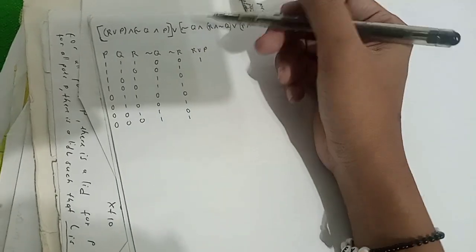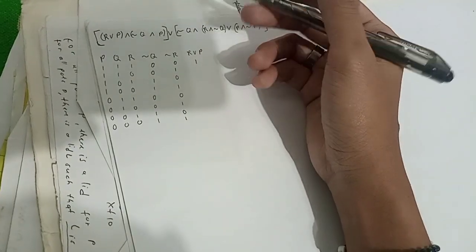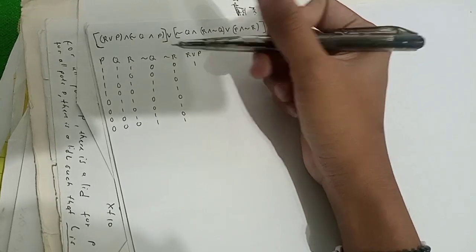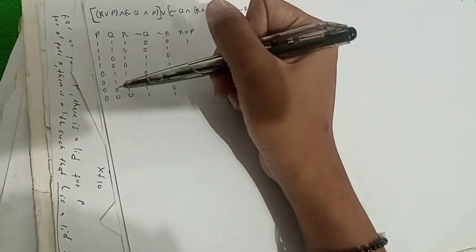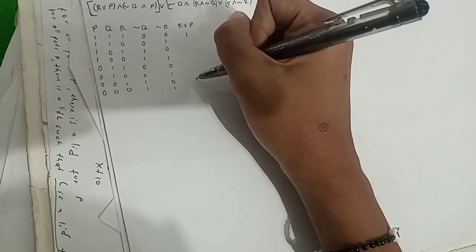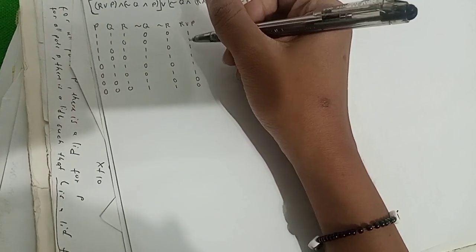But if there is no 1, then it will automatically be 0. So first, let's find the two 0s, which make this statement an off switch. It would be here, 0 and 0. So we will write that, and the rest is 1. One, two, three, four, five, six, seven, eight.